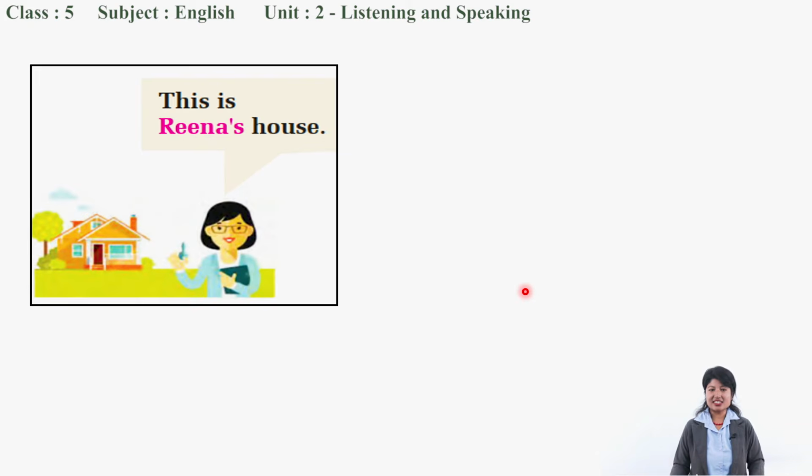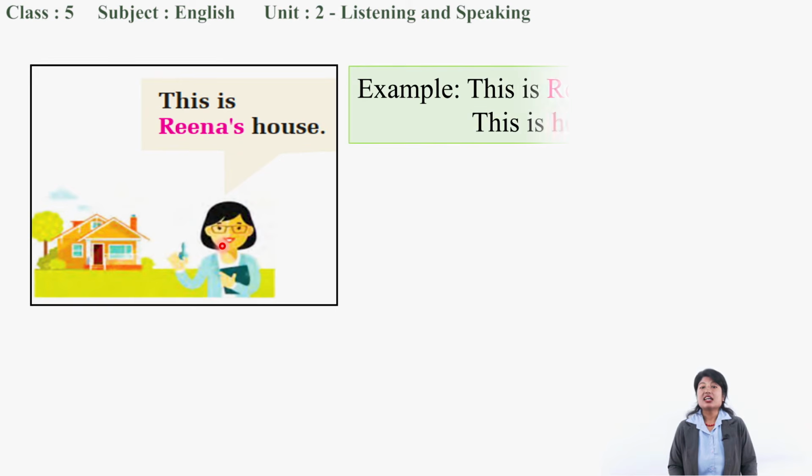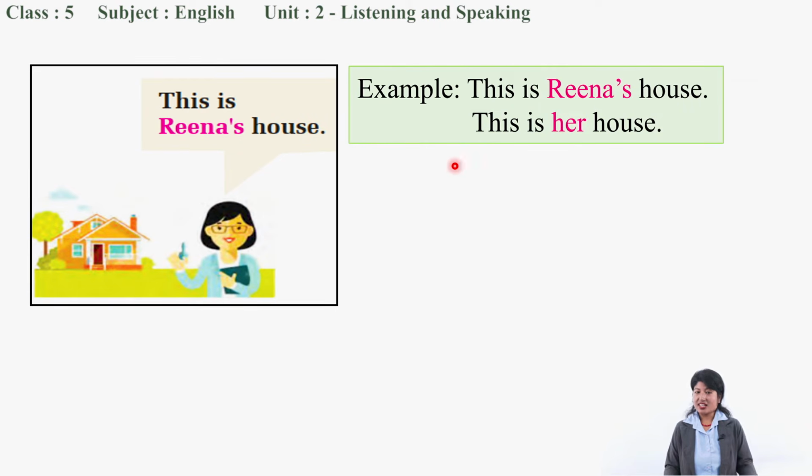Likewise, next, another lady is here. "This is Rina's house." If I listen to her and need to tell it to another person, how do I say? She said, "This is Rina's house," and I have to say, "This is her house." Okay. Next one.